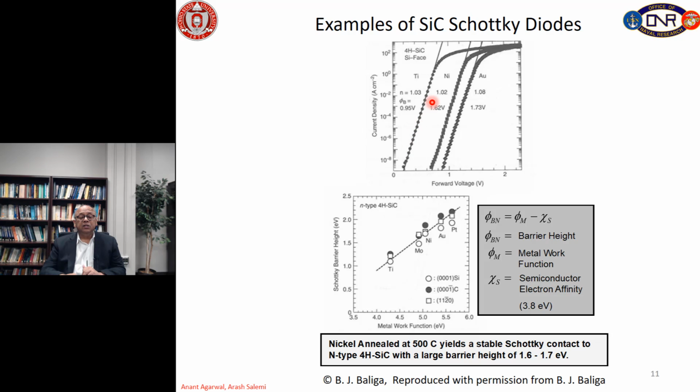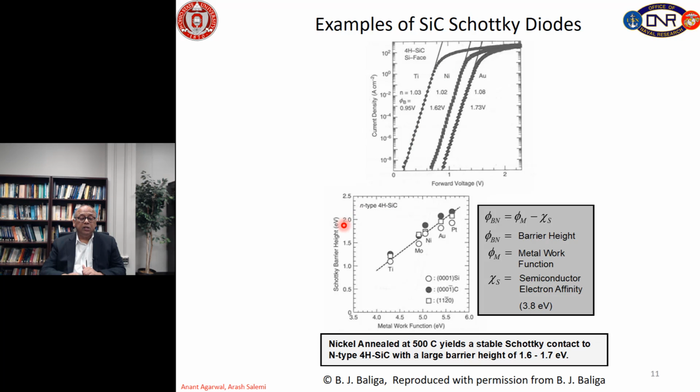So in these cases, the knee voltage would be somewhere here for Ti, so around 1 volt, nickel would be like 1.2 volt, and gold would be like 1.3 volts. That is the knee voltage. So we are looking at details of the current flow below the knee voltage, where the current is essentially controlled by thermionic emission over the barrier.